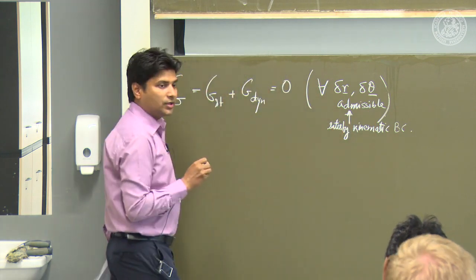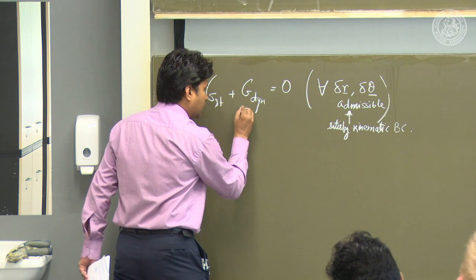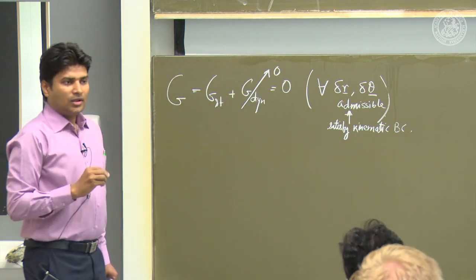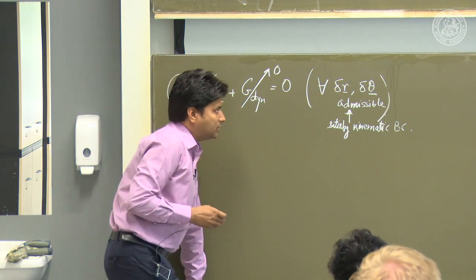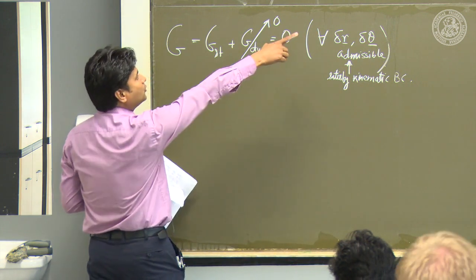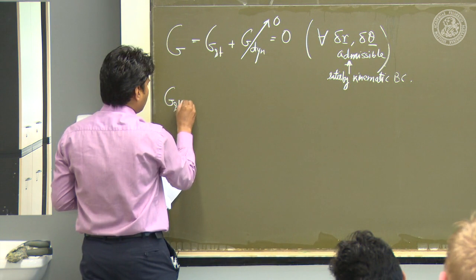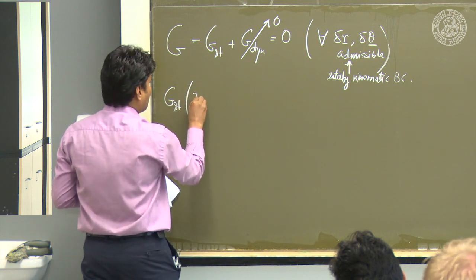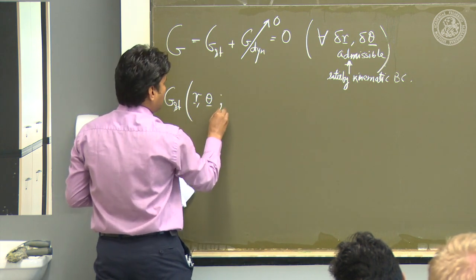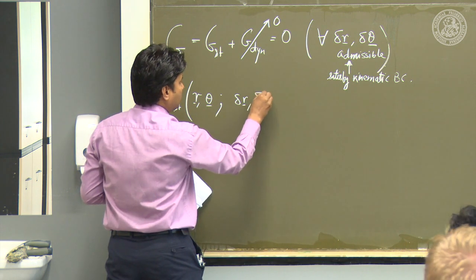And as we said, we are only going to focus for today on the statics problem. So, we get rid of this, and our G static now, as we just wrote down over there. So, G static is non-linear. So, it has little r, little theta, and del r, del theta.